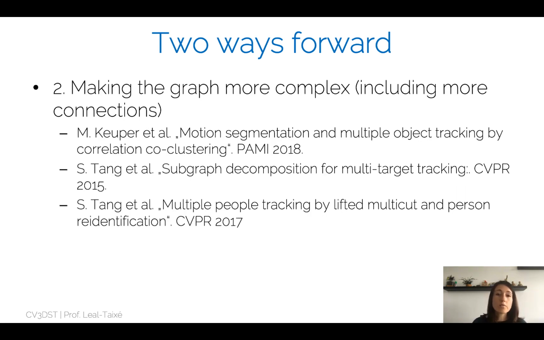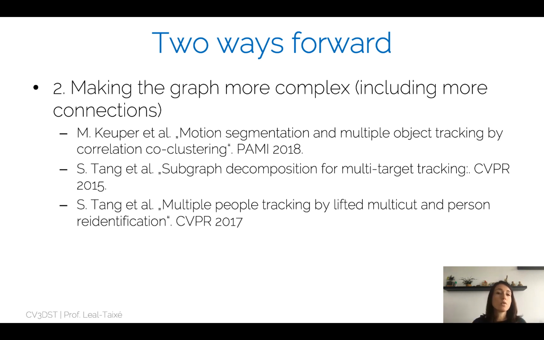So the second way of moving forward is to make the graph more complex, essentially to include more connections. All the connections that we had were from one frame to the next. We can also include connections from one frame to 10 frames apart, in case we have an occlusion and want to recover from it. And this is all included in the linear program formulation.